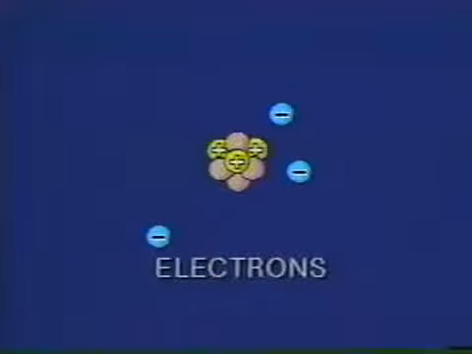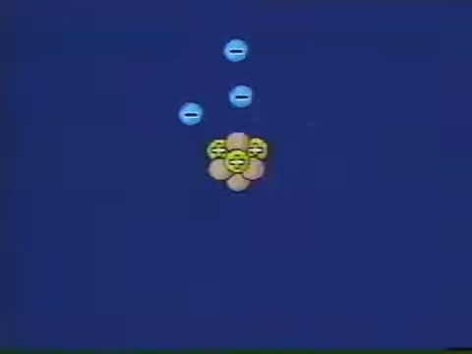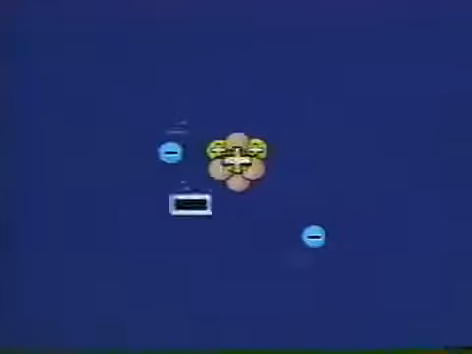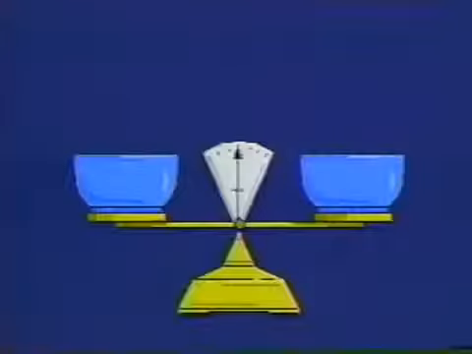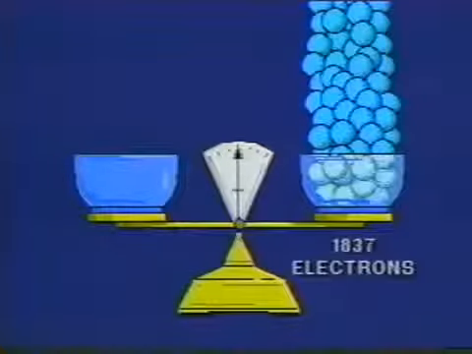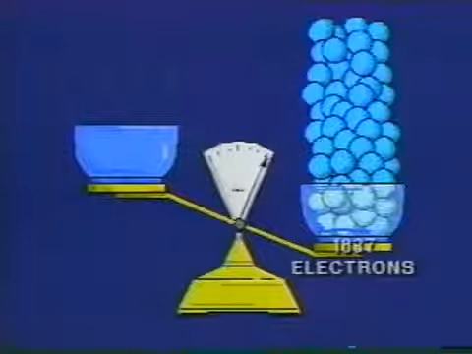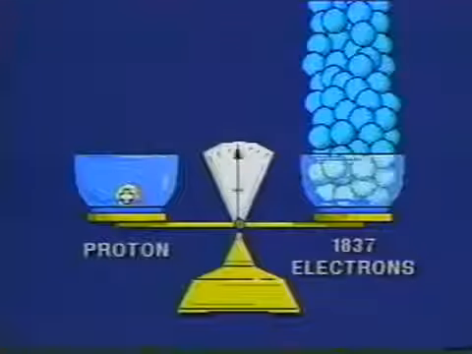In the space surrounding the nucleus are tiny negatively charged particles called electrons. The attraction between the negatively charged electrons and the positively charged nucleus keeps the electrons in the vicinity of the nucleus as they circle it. It takes 1,837 electrons to equal the mass of one proton.